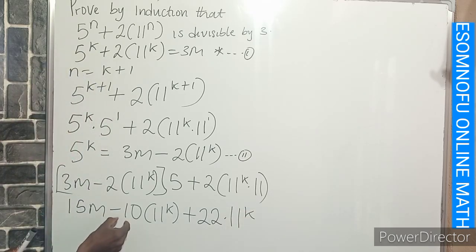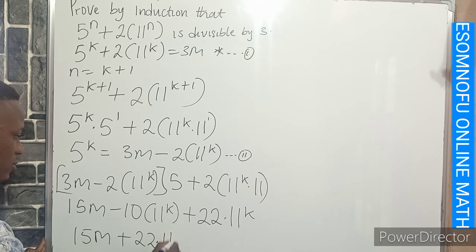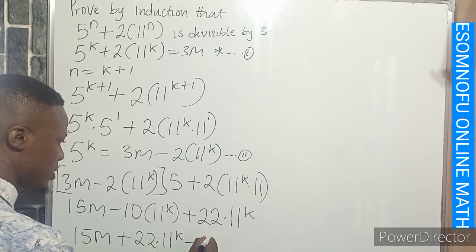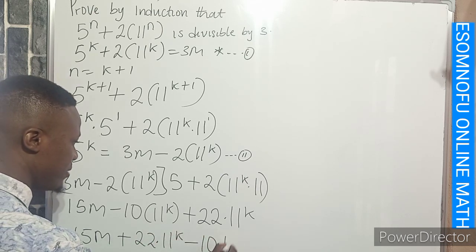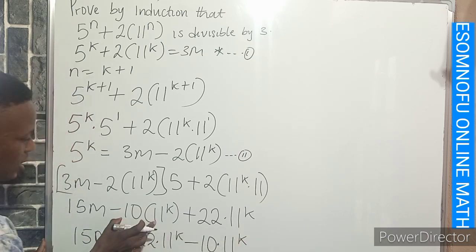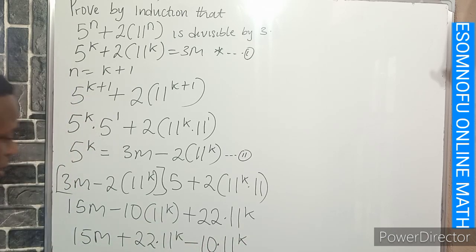Now let me rearrange so that the plus comes first. So this will be 15m plus 22 times 11 to the power of k minus 10 times 11 to the power of k.